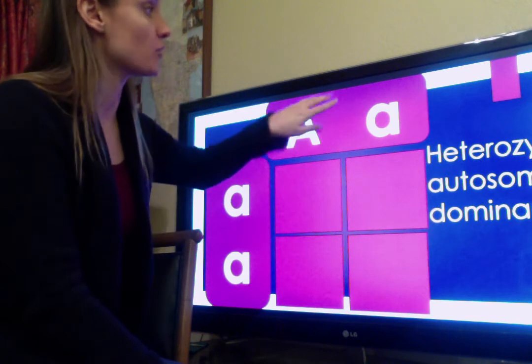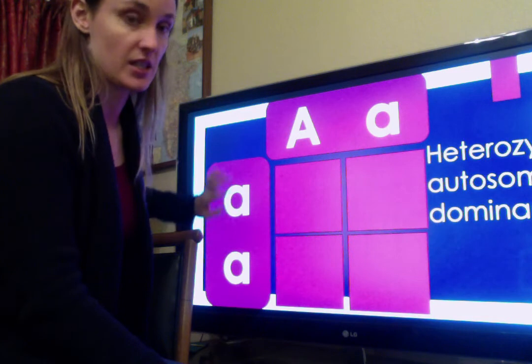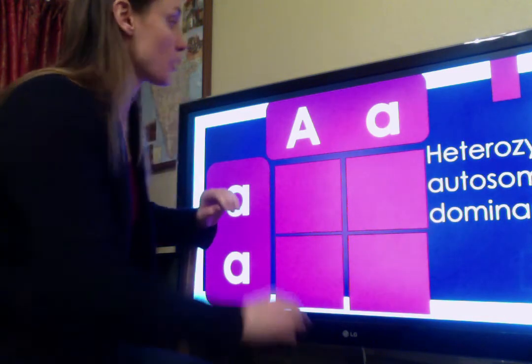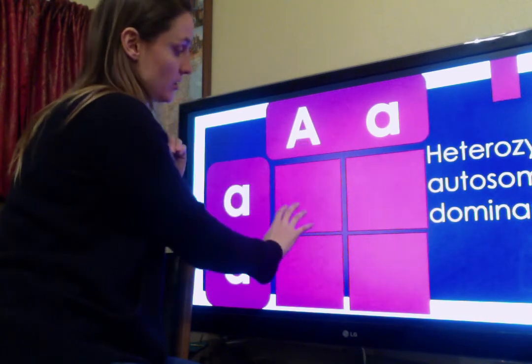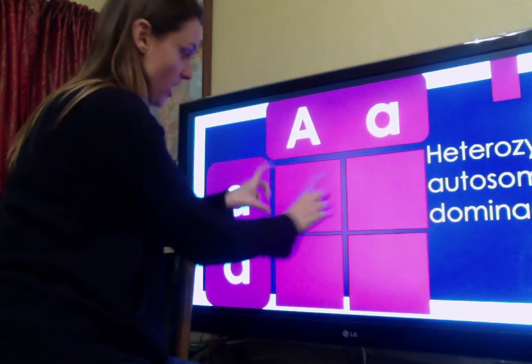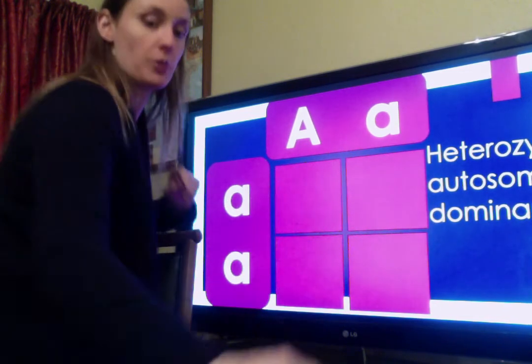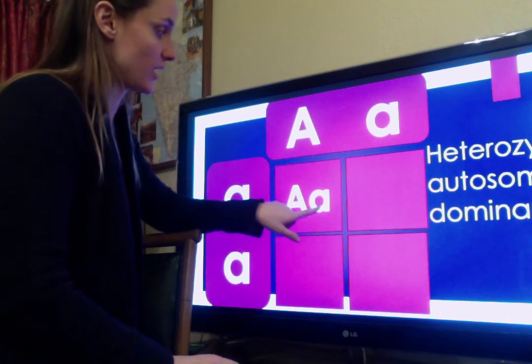That's assuming you have one heterozygous parent and the other parent does not have the trait and that they are recessive. So what we would do is this parent would give this A to this child, and this parent would give this A to this child. So we would have a dominant trait and a recessive trait.